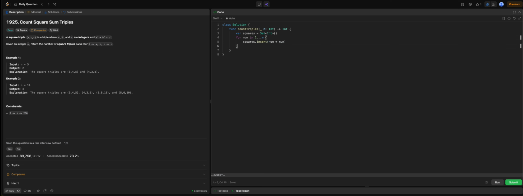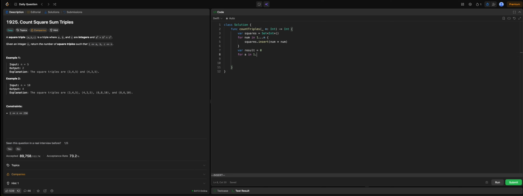That is how we get the squares. Next we need to keep track of how many results we find. The reason to use a loop here is because, according to the equation, we need three numbers: a, b, and c.